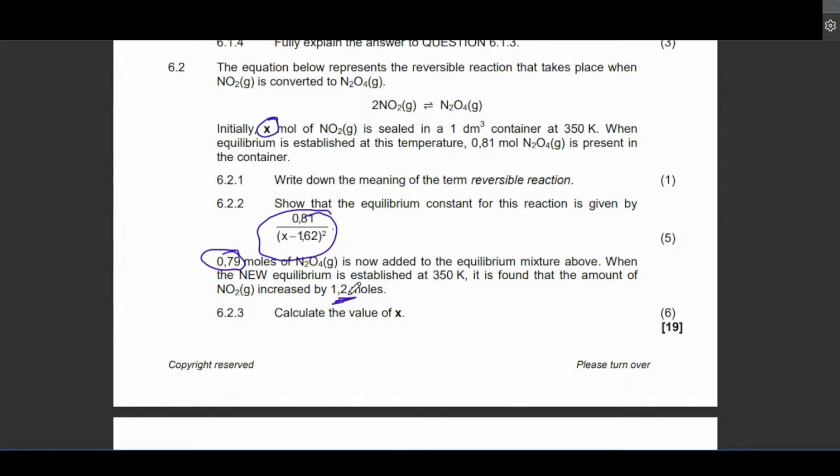So if it increased by 1.2, what is going to be the answer? 1.2. Therefore, I have to add it there.